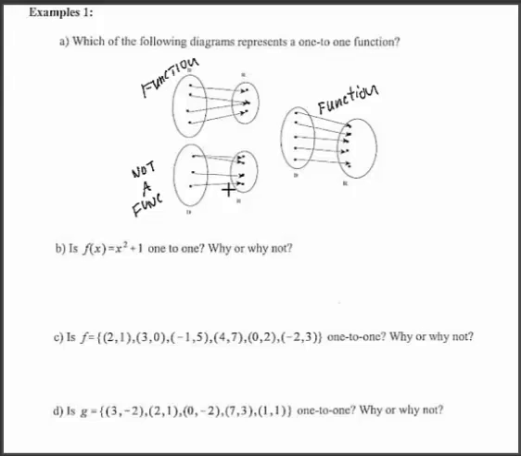Alright, so we know which ones are functions. Which ones are one-to-one? Well, even though this isn't a function, it is still one-to-one, because if we take the outputs and trace them back to their original inputs, we see that each output has only one input.